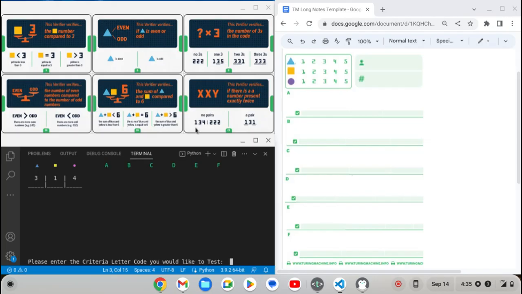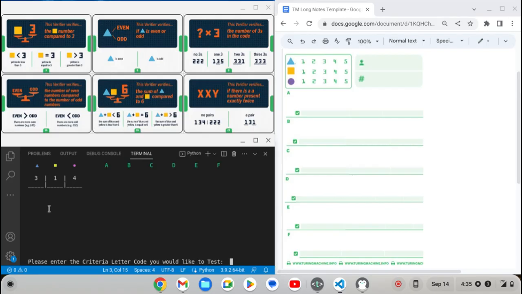One where all the digits are the same, as in the example 222, or all the digits are different, as in the example 134. And remember, the objective of today's puzzle is to find that unique 3-digit code that abides by all of the 6 criteria cards.